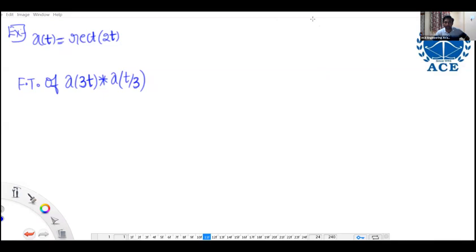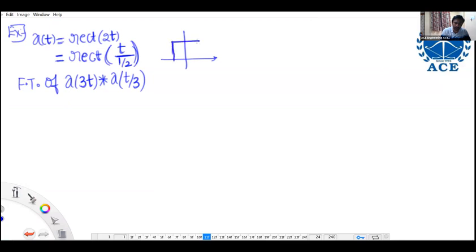Come on. Have a thought. Rect 2t can be adjusted as what? In our style, rect of t by 1 by 2. If I write rect t by 1 by 2, I can take the reference rectangle in symmetrical form, from minus 1 by 4 to 1 by 4.